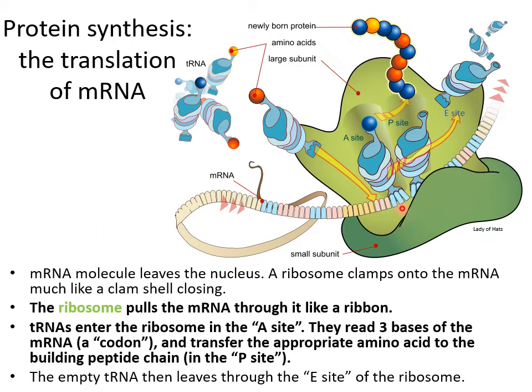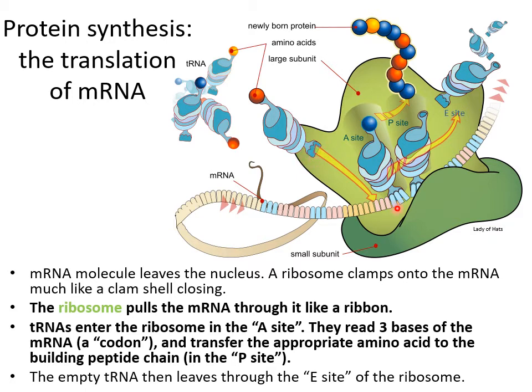In the A site, a tRNA, which is a special RNA that has an amino acid attached to it, will enter and see if it can bind to the mRNA. It has an anticodon site over here. It's almost like a lock and a key.